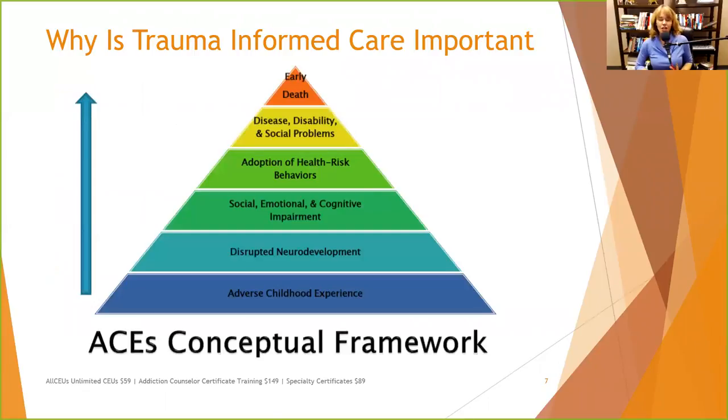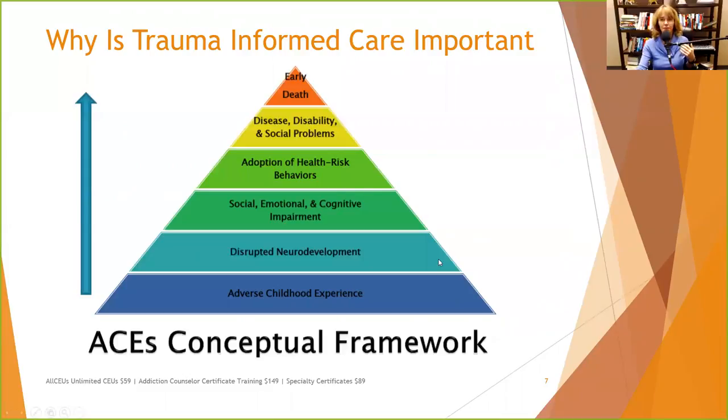The Adverse Childhood Experiences Survey tried to highlight why it's important for us to understand the impact of trauma. And obviously, they were looking at childhood trauma. But their research has shown that an adverse childhood experience leads to disrupted neurodevelopment: the stress, not sleeping, high levels of anxiety, leading to adaptations in the limbic system.